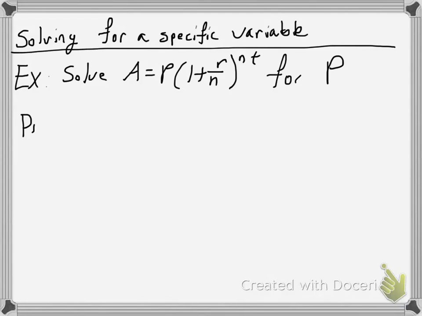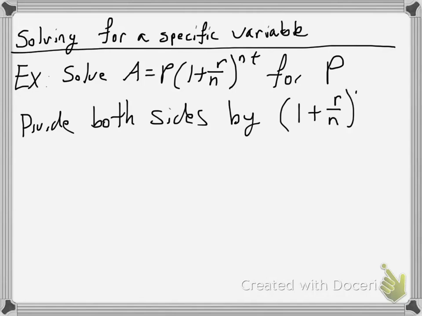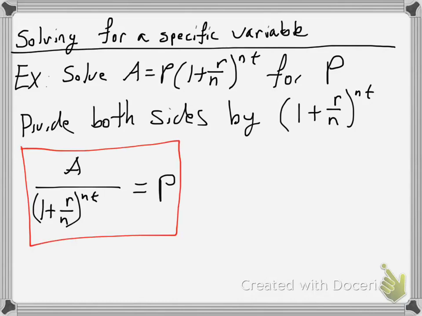And how all that junk is attached to the P is by multiplication. And the opposite of multiplication is to divide. So we're going to divide both sides by that junk. And that's all there is to it for that one. Just divide both sides by 1 plus R over N to the NT power, and that's what our P is.